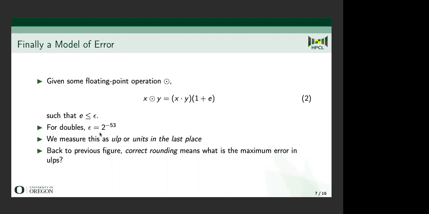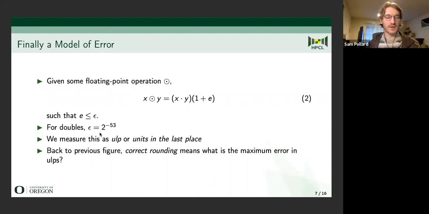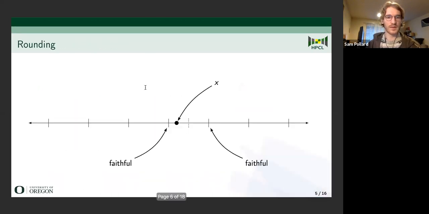Another thing you might hear is this described as units in the last place, because when you're dealing with numbers like 2 to the negative 53, it's sort of inconvenient to work with. So you can measure it as the number of units in the last place. And I have a question to check understanding, but I'm not sure if this is a good question or not. So let's go back to this slide here.